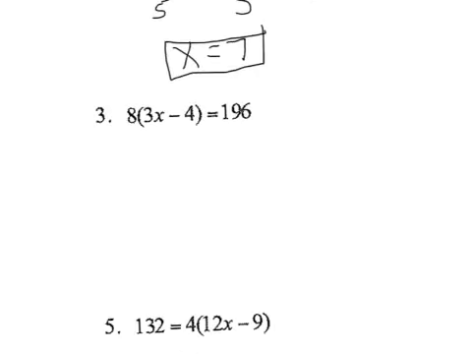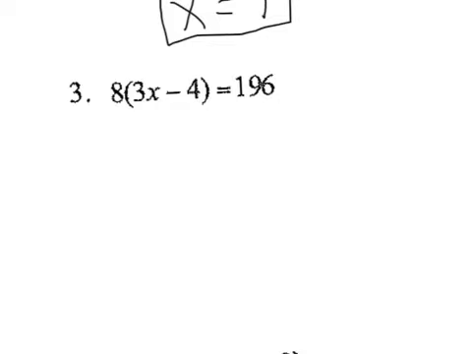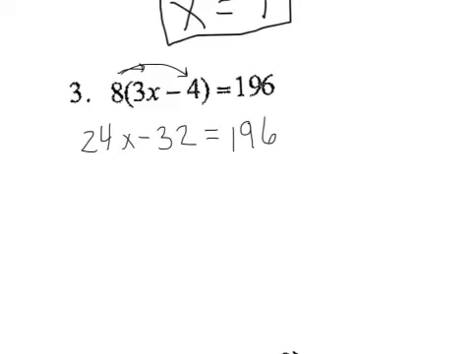We're at problem 3, which is a little more complicated because it has some distributing. So we have 8 times 3x, which is 24x. Then 8 times negative 4, which is negative 32. And we have our 196. And now this one is a two-step equation now that we've done that distributing. So we are going to add 32 to both sides.